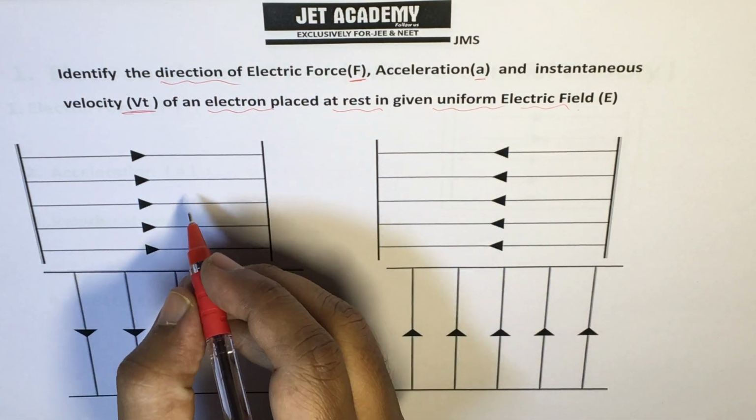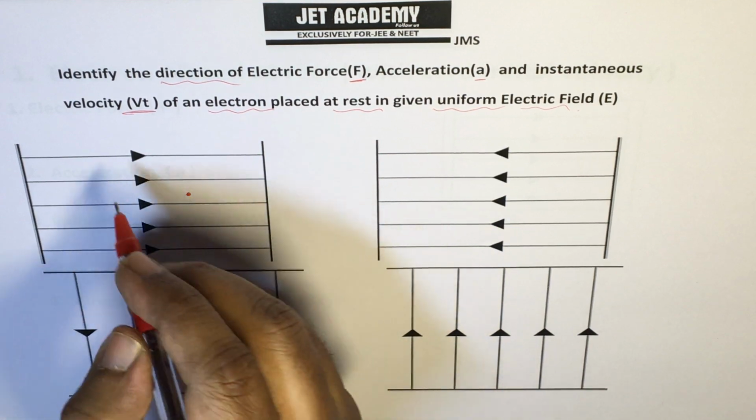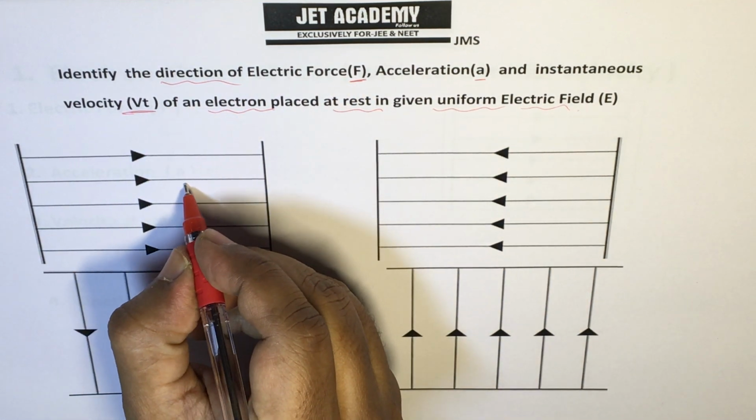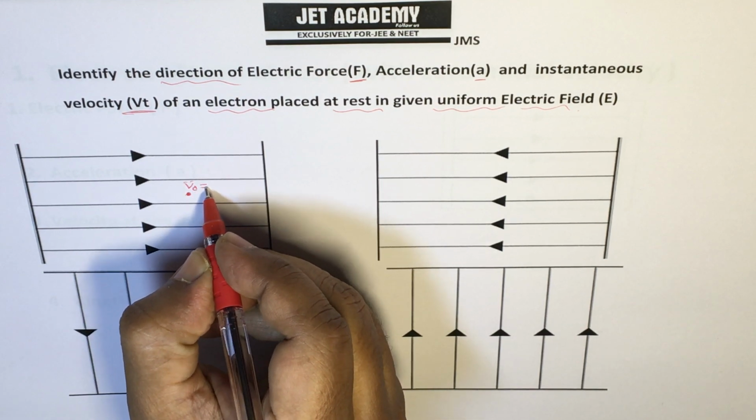First I am going to keep an electron. Initially it is kept at rest. The initial velocity I will represent as V naught, and it is going to be 0.